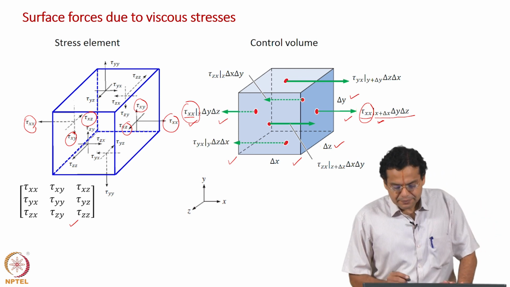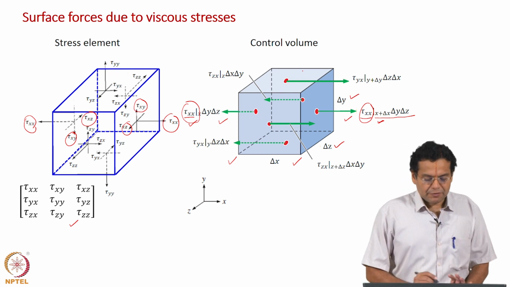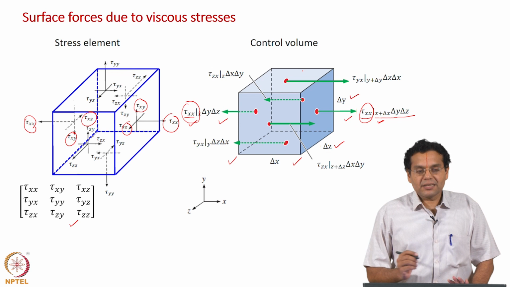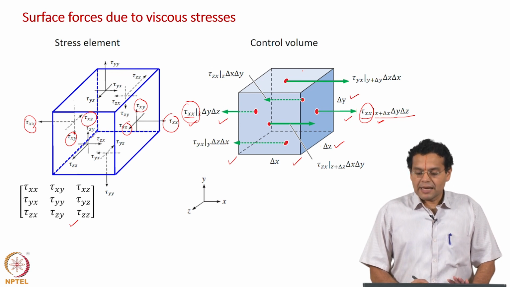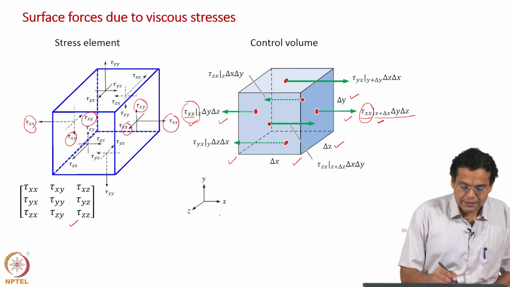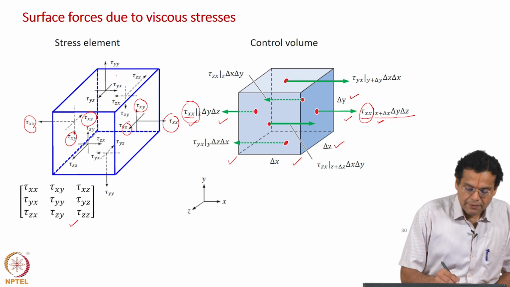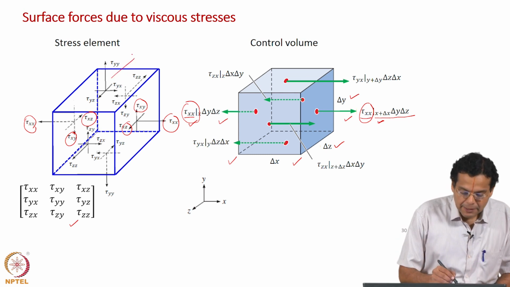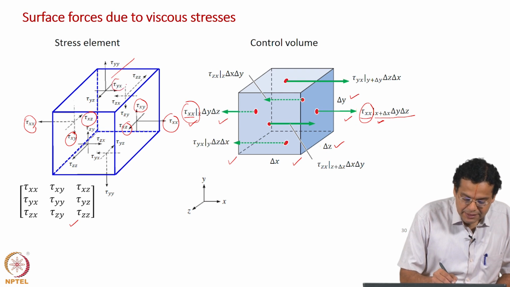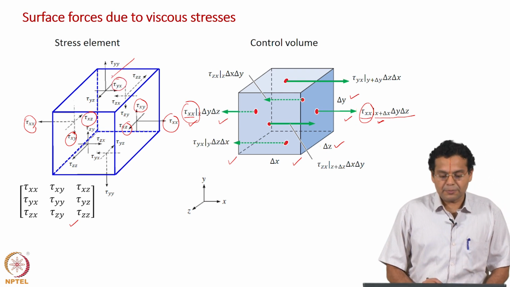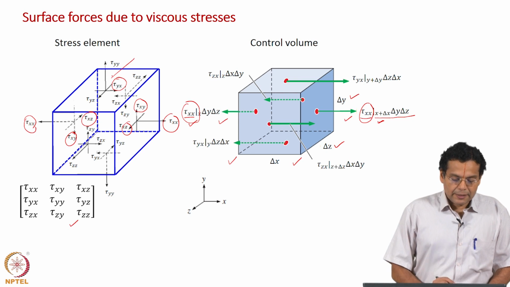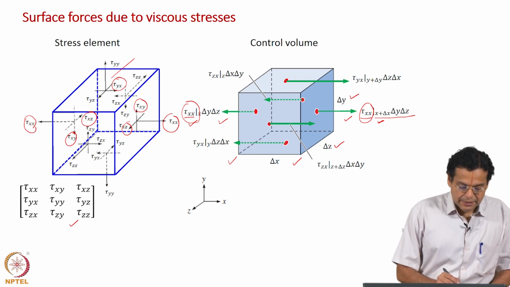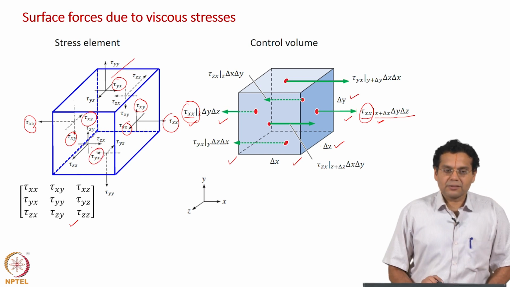For the top face, we are considering the viscous shear stress acting in the x direction. So, what have you considered? You have a stress vector here, the viscous stress vector, and 3 components are there. We are considering this shear stress component, and on the negative y face we are considering this shear stress component.